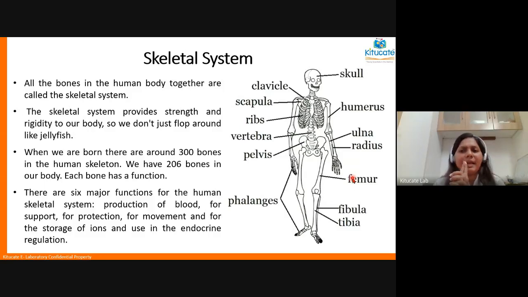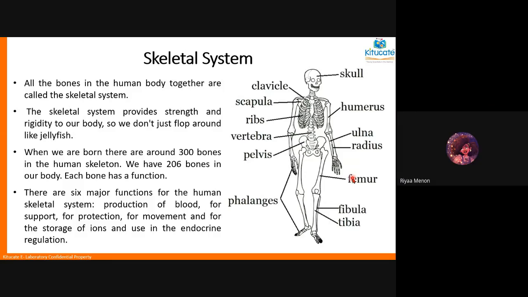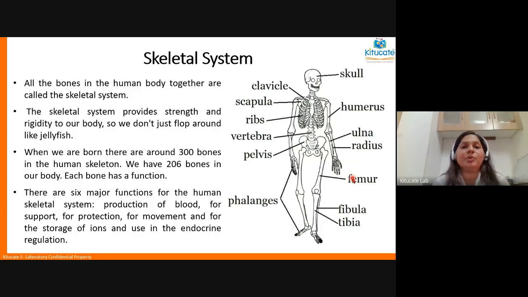There's something inside the bones. Marrow? Bone marrow, yes, which produces the red blood cells. Absolutely, the bone marrow, which produces the red blood cells for our body. Okay, so this is what our skeletal system does.